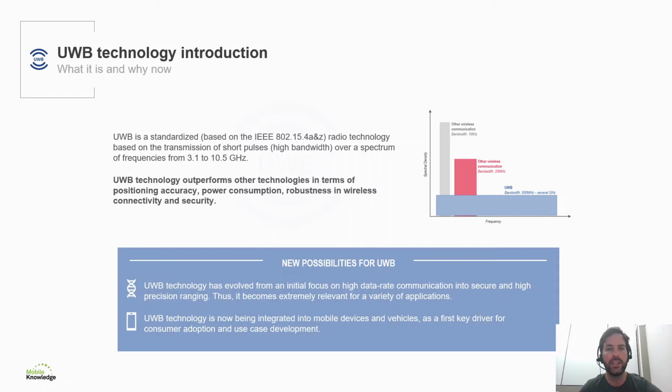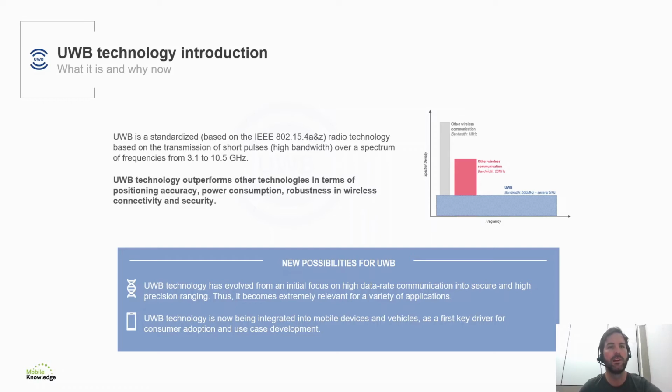This makes the communication highly efficient in terms of spectrum resources and more secure than other wireless technologies while requiring lower power consumption. On the other hand, the ultra-short duration of pulses, which equals a high bandwidth, enables high ranging accuracy, robustness to multipath effect, and high data rate for short distances.